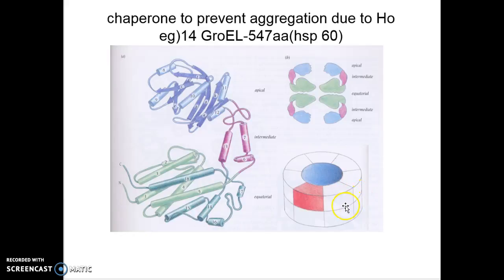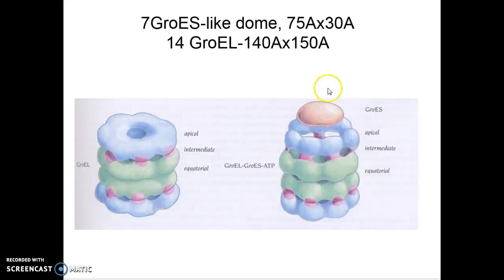They just stack on each other with the equatorial domains positioned at the interface. The cross section of these structures is shown here with the same colors. As you see, two layers, equatorial, just face each other, and two layers have some cavity in the middle.